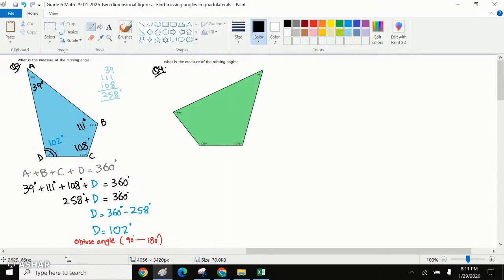Let's label this as P, Q, R, S. The angle for P was given as 77. Q is the missing angle. R is 106. And S is 128. So if we add the 4 angles P, Q, R, and S, the total should be 360.